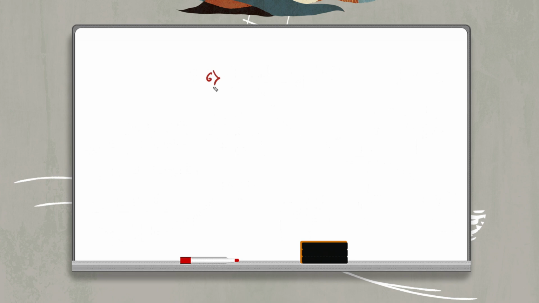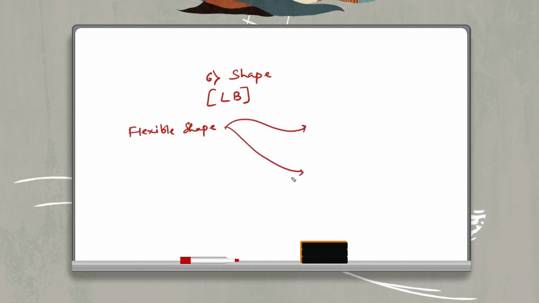Now the 6th concept is regarding the shape of the load balancer. So in OCI, the load balancers use flexible shape. Now what does it mean? It means you have to specify 2 things.